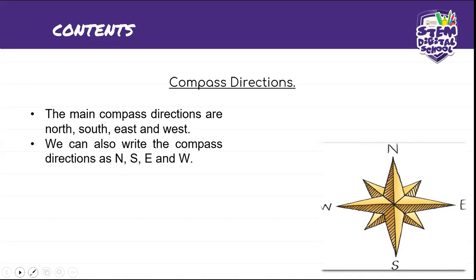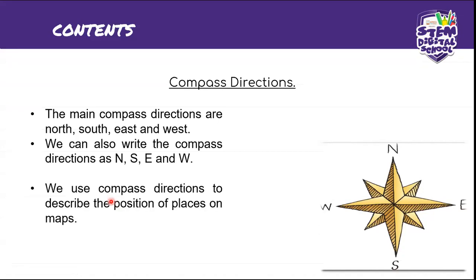And then we use compass directions to describe the position of a place on a map. So we'll be using these compass directions to describe the position of something in a map. It can be a river, it can be a province, it can be a mountain, things like that, okay?